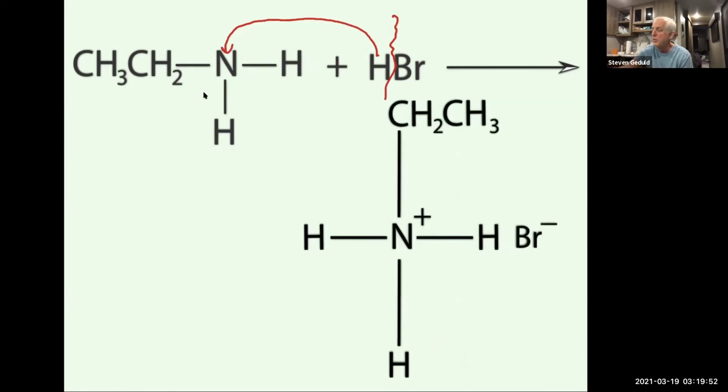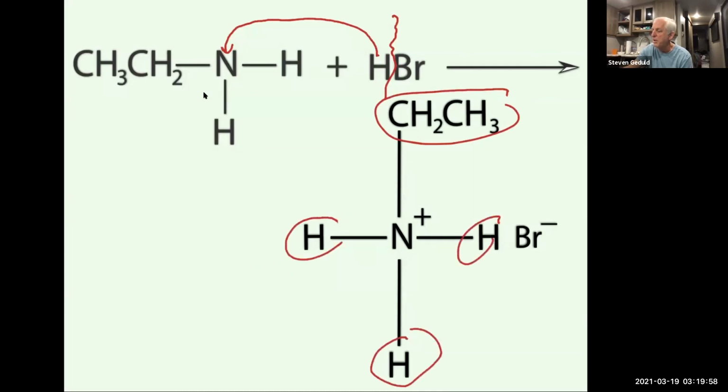So here's our ethyl group, here are our 2 hydrogens that were originally on there, and this is a hydrogen we put on from the HBr, and then Br minus is created in solution when the hydrogen is pulled off of it. So amines are bases because you end up producing OH minus in solution and you're accepting a proton. Remember, acids give off a proton, bases accept a proton.